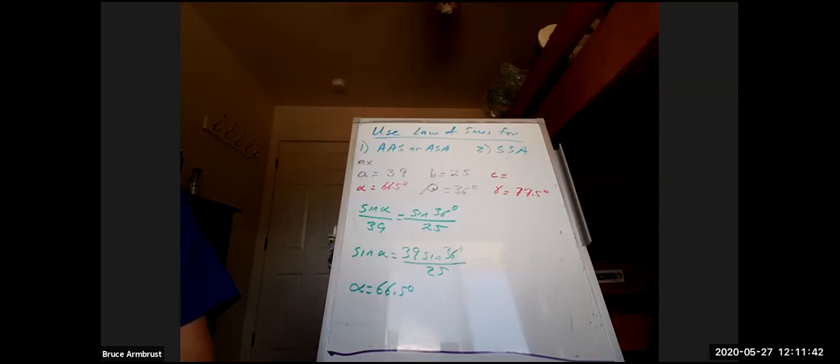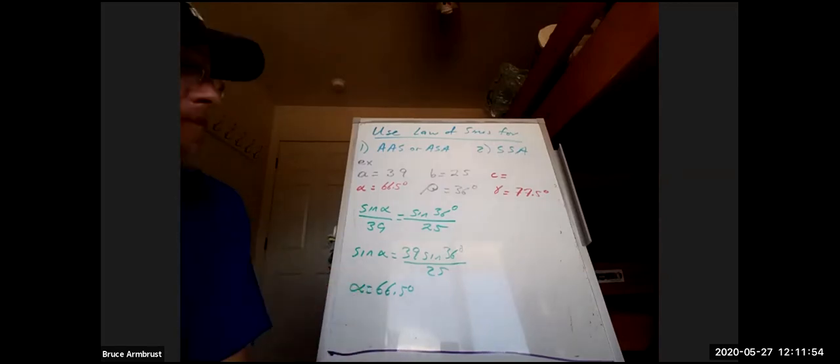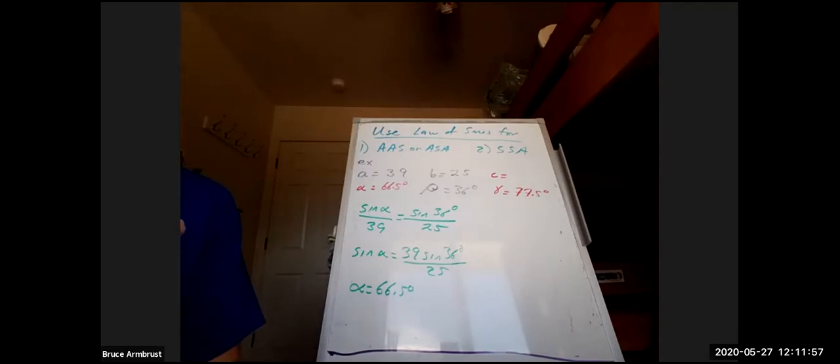Okay, so now that we have gamma, how do we find C? Well, now you have C over sine gamma equals B over sine beta. Good, thanks, Hava.